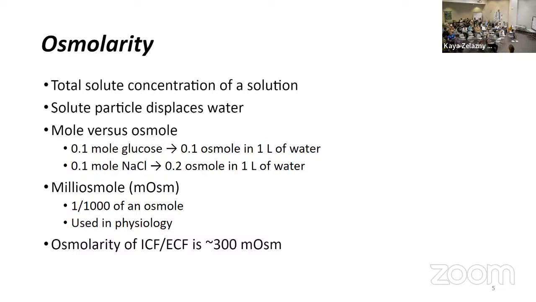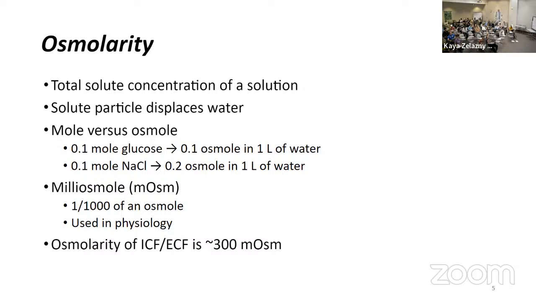Right? So sometimes you might want to know specifically how much glucose is there inside a cell. But sometimes if you're thinking about osmosis, you're going to want to know how much glucose, but also how much sodium ion, how much potassium ion, how much chloride ion, adding it all together, if what you're interested in is the water specifically.